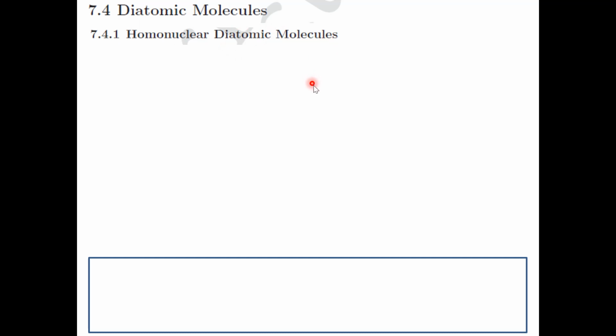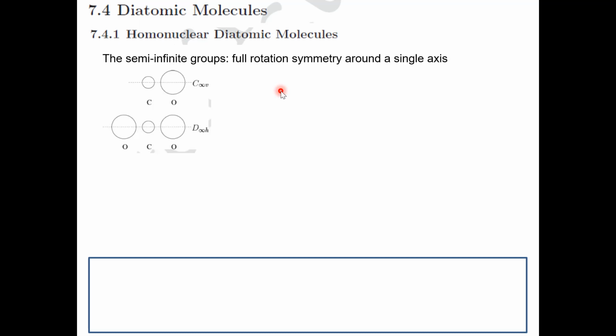That means H2, N2, and so on. Both atoms are the same. To discuss diatomic molecules, I have to introduce to you the concept of semi-infinite groups. What are those point groups?